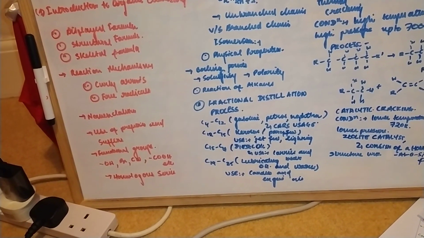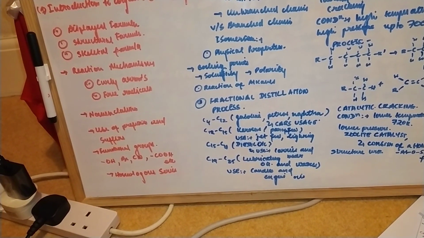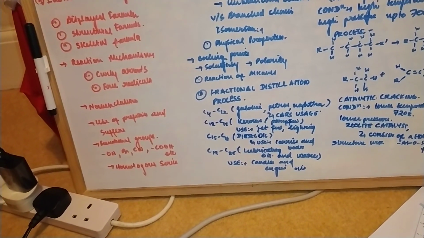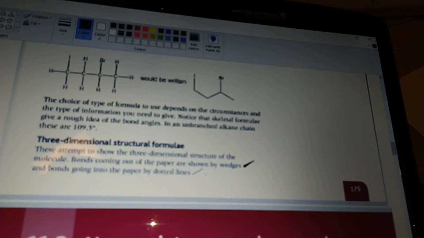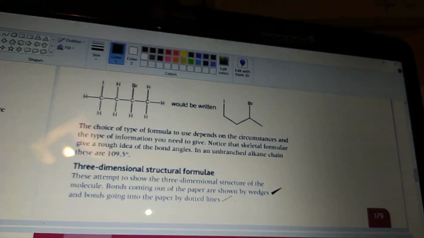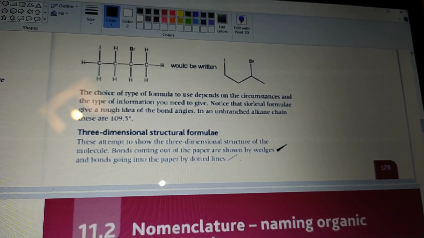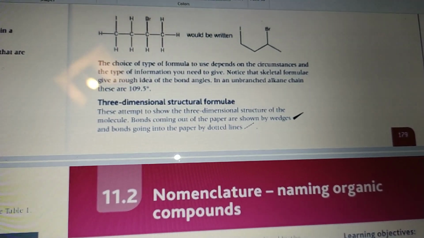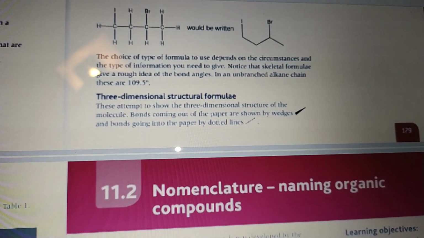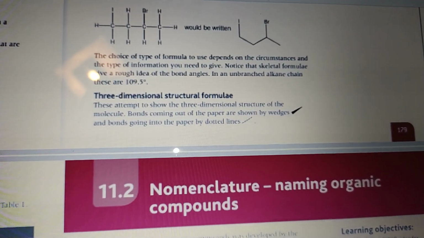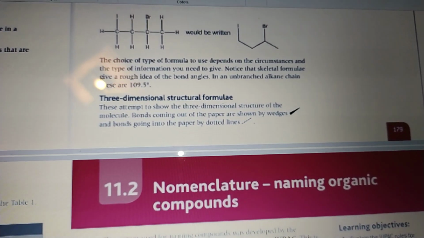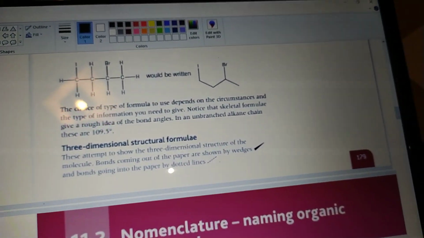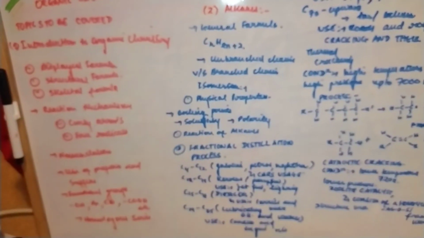Now, another thing for you to observe is the three-dimensional analysis of the structural formula. These attempt to show the three-dimensional structure of the molecules. The bonds coming out of the paper are shown by a wedge, in other words, a solid line. The bonds going into the paper are shown by a dotted line.